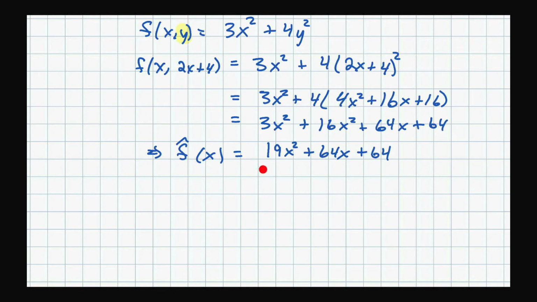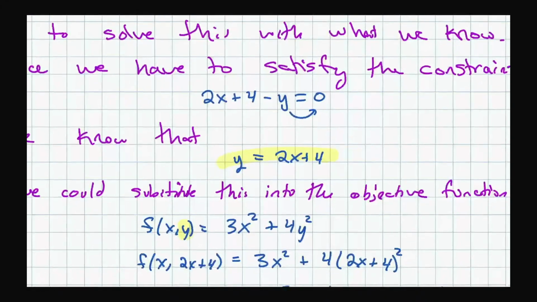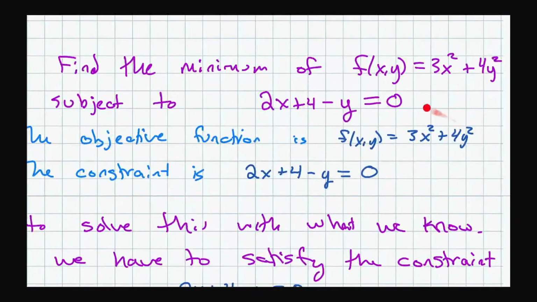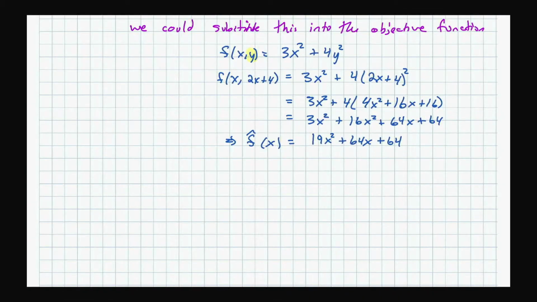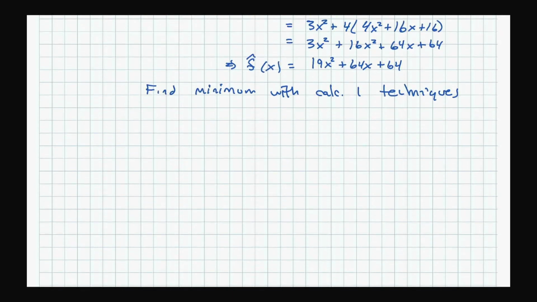So you would be able now just to solve this. This problem, as it was given in the original problem, could have been solved in Calculus 1 with this technique, right? Because now if we had to find the minimum, so find the minimum with Calculus 1 techniques, you would have to take the derivative.